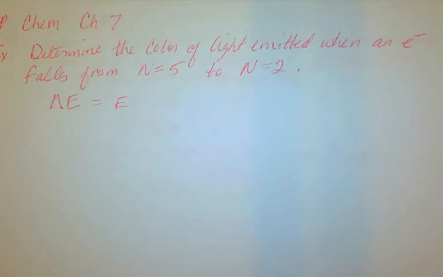Next, we follow the good old acronym ROY G BIV. So it goes red, orange, yellow, green, blue, indigo, and violet light for the visible electromagnetic spectrum and wavelengths.